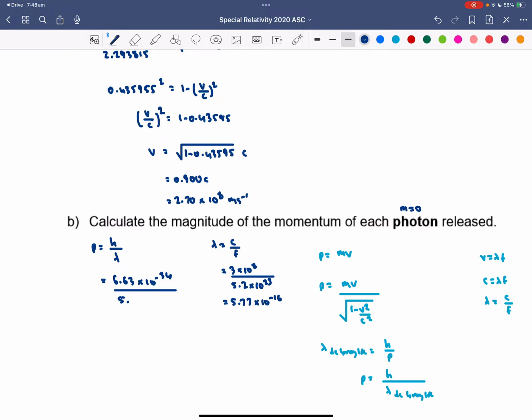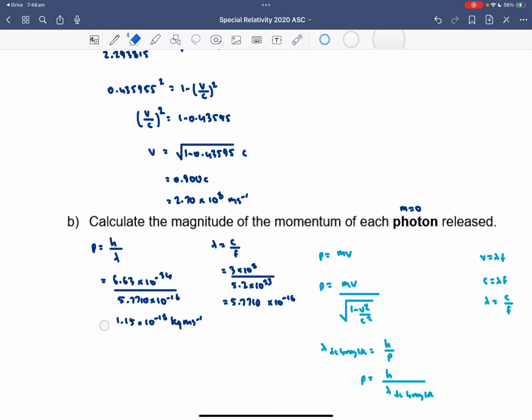Use the exact answer, 5.7710 times 10 to the negative 16. And that gives us a momentum of 1.15 times 10 to the negative 18 kilograms meters per second.